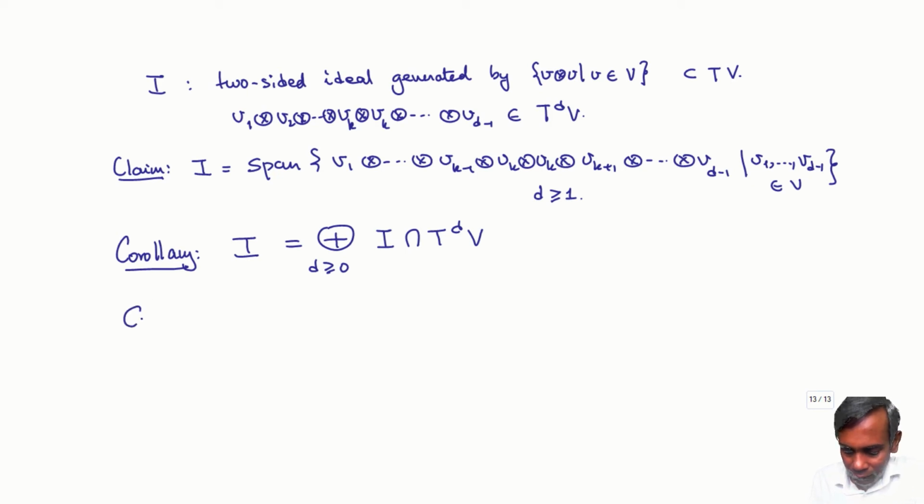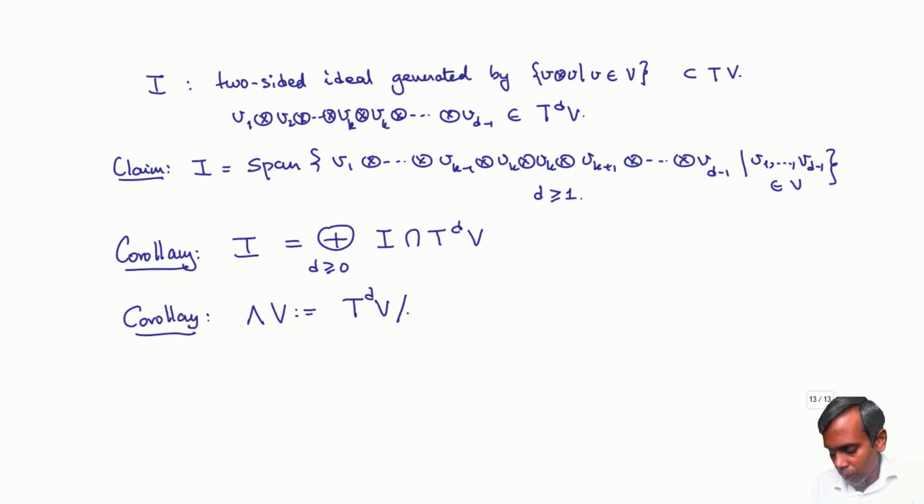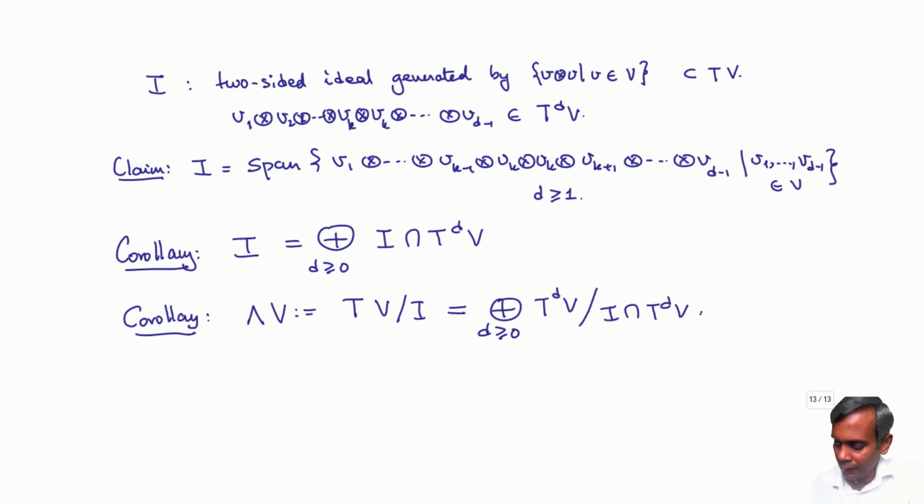And a corollary of that is that wedge V, which is TV mod I, is equal to the direct sum over d greater than or equal to 0 of T^d V mod I intersect T^d V. And this we have seen is wedge d. In fact, wedge d V is 0 if d is greater than dimension V.